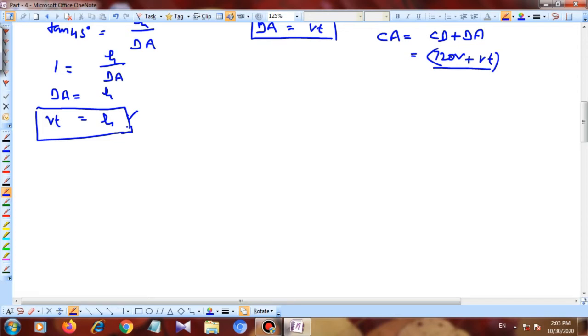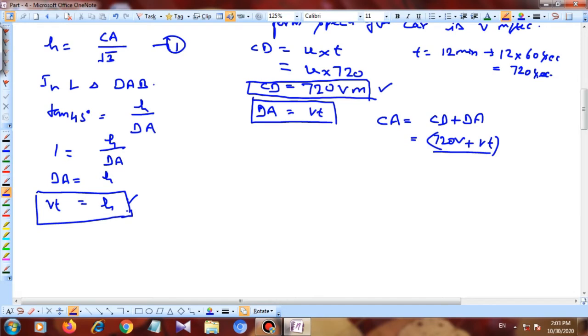Now H equals CA upon root 3. Clear? So put the value of H here, then we get VT equals CA upon root 3. This is the value of VT.